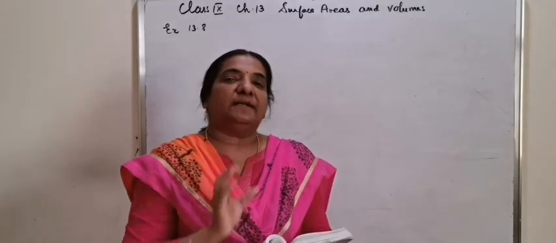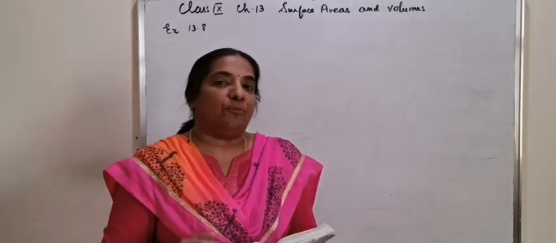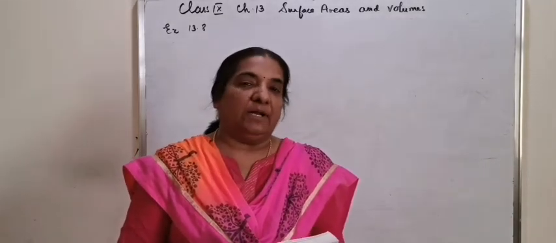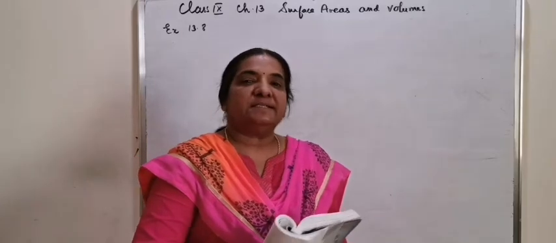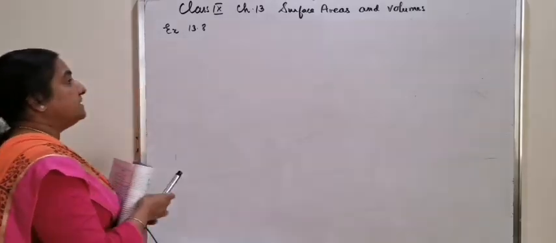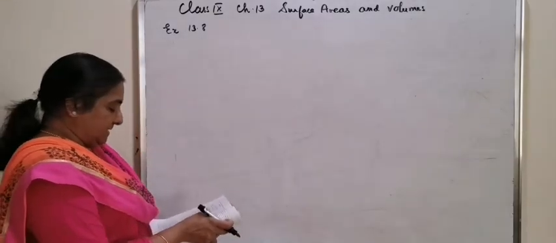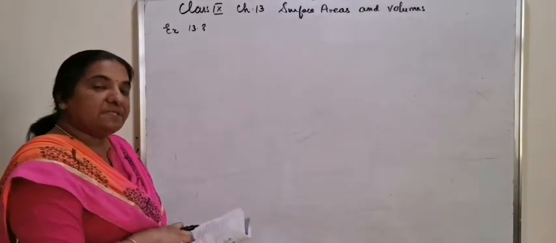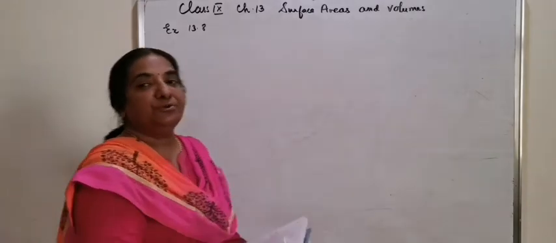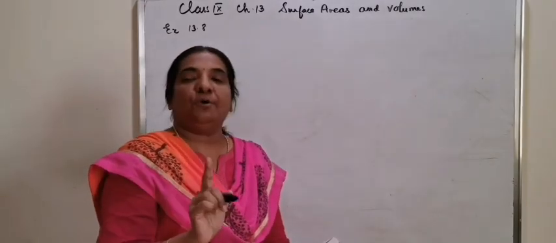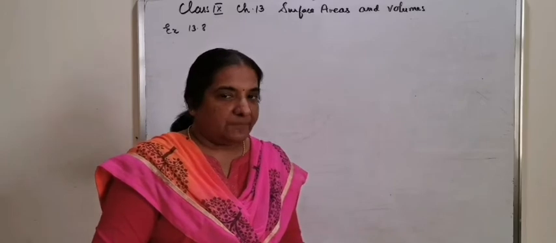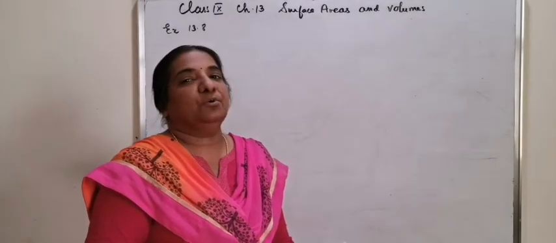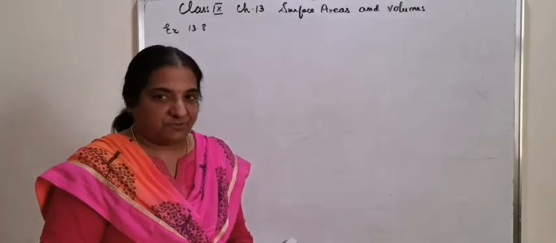If one solid is melted into the form of another solid, their volumes remain equal. So here 27 solid spheres of radius r and surface area s are melted and formed a new sphere. That means the volume of one small sphere multiplied by 27 is giving you the volume of the new bigger sphere.